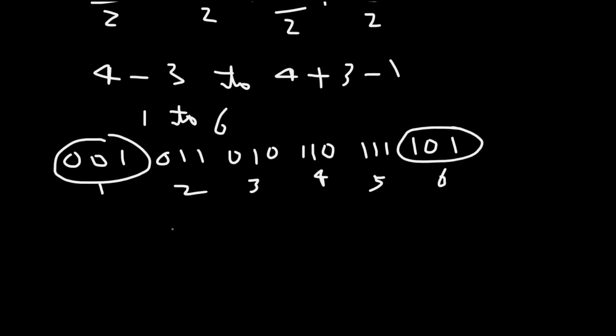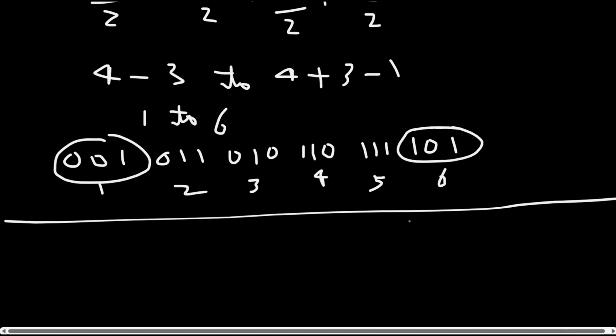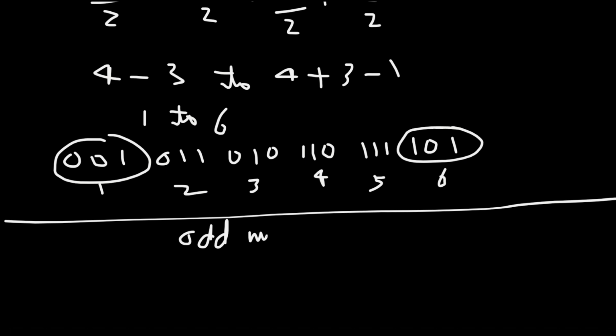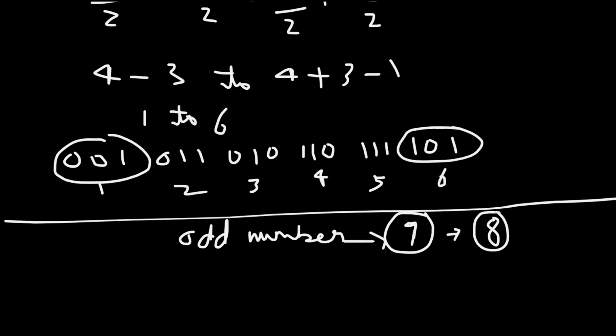Now going on to an odd number: in case of an odd number, we can make use of the same thing. Let us say we have a depth of 7. In that case, we can make use of a FIFO depth of 8.